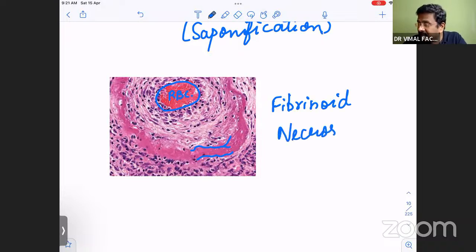The name says fibrinoid, that means fibrin-like. But please remember, students, though the name says fibrin-like, actually it is the deposition of fibrin itself. In which conditions will you see fibrinoid necrosis?